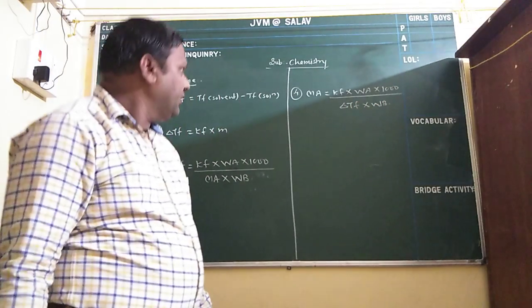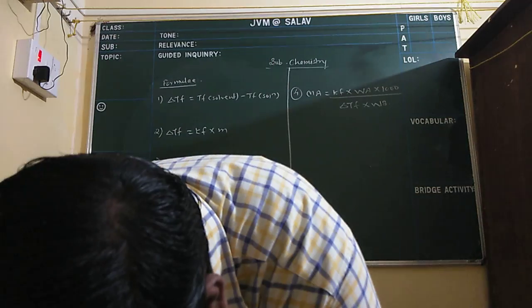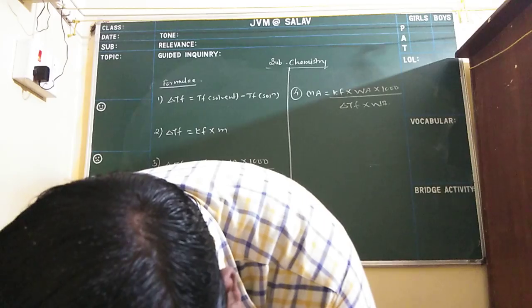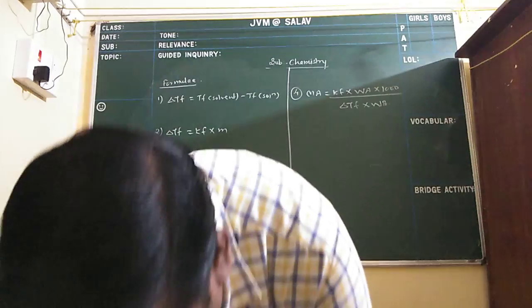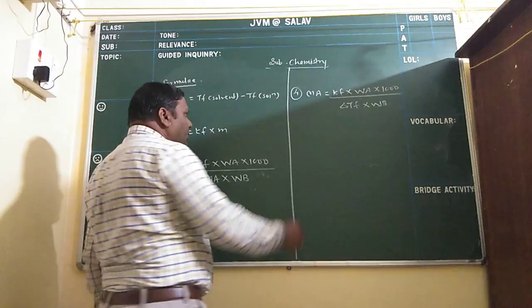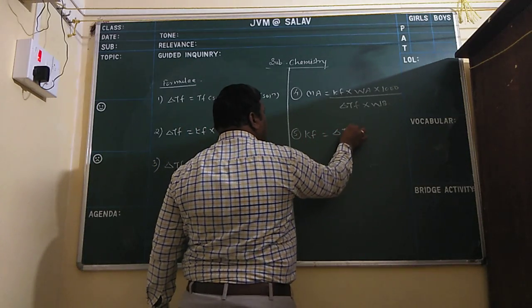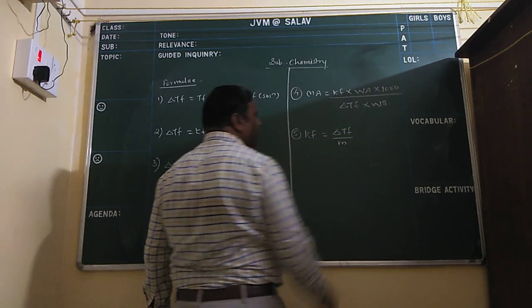Understood? And the next one, number 5, Kf is equal to del TF upon m.